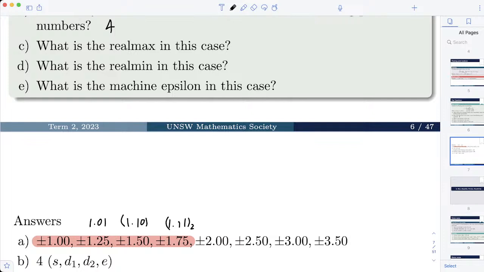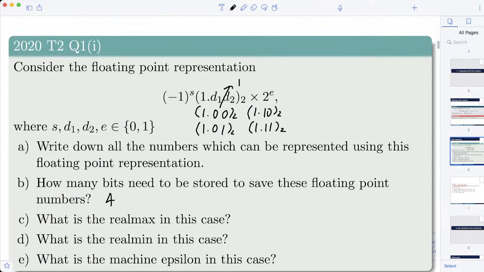So you can see that they're just evenly spaced between 1 and 2. And how we get the remaining 4 over here is we just double each one of these 4, right? So 1 times 2 gives us 2, 1.25 times 2 gives us 2.5, and so forth. And then this part over here is going to give us the plus minus, as I said earlier.